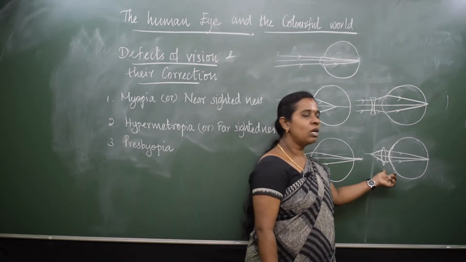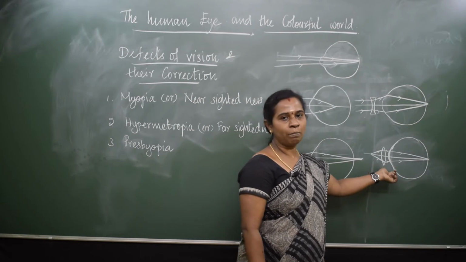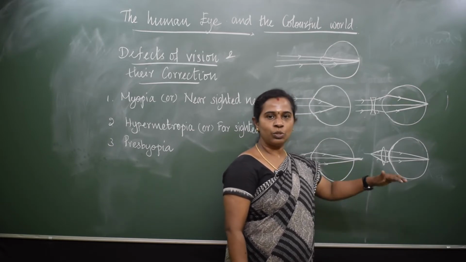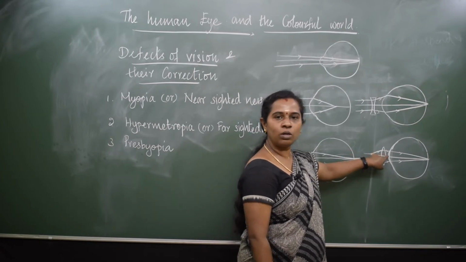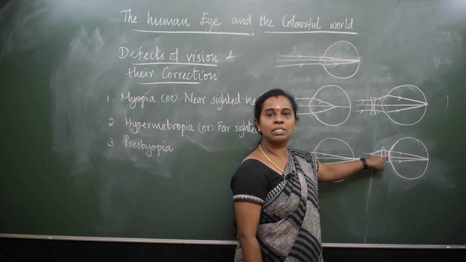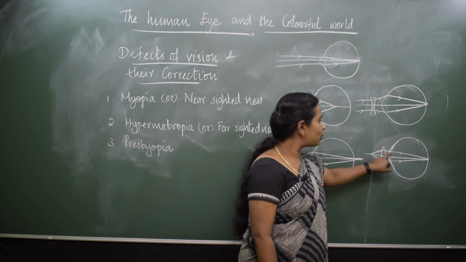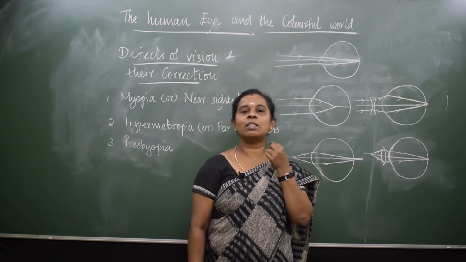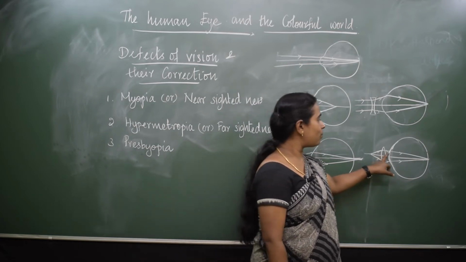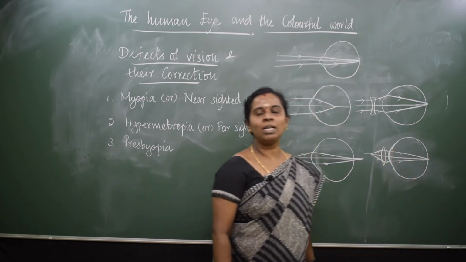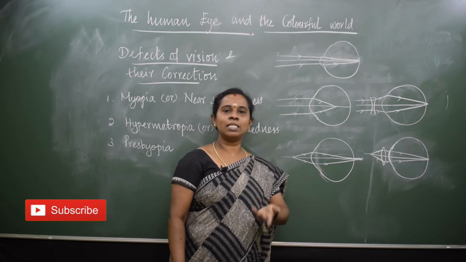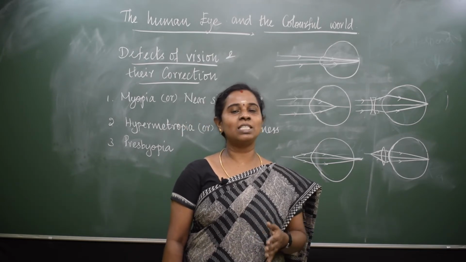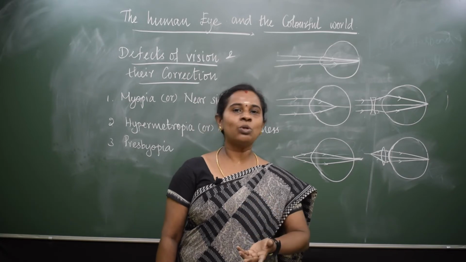We need to use a convex lens of suitable power or suitable focal length. Light falls on the convex lens, which has one more name, the converging lens. It converges the light rays. So the converging rays fall on the eye lens, and then they focus on the retina. When light rays focus on the retina, we are able to see the object distinctly, without blurring.